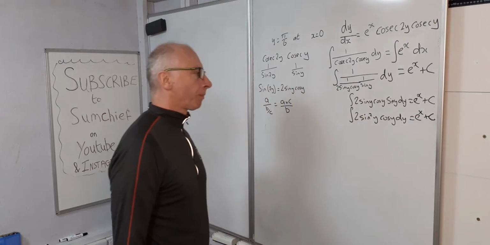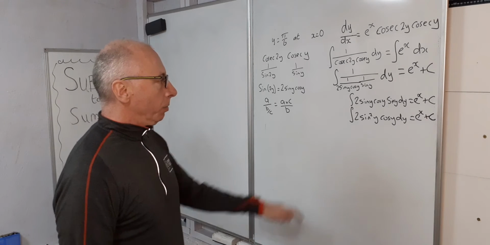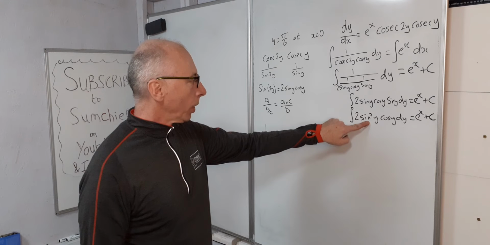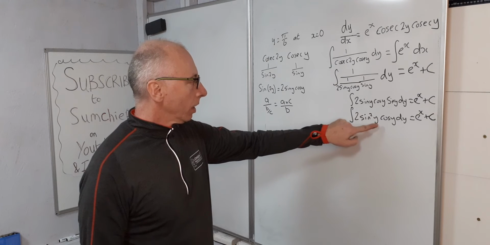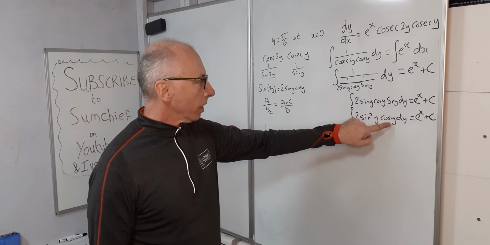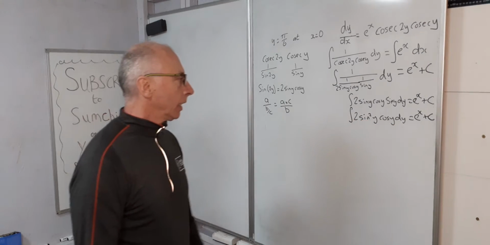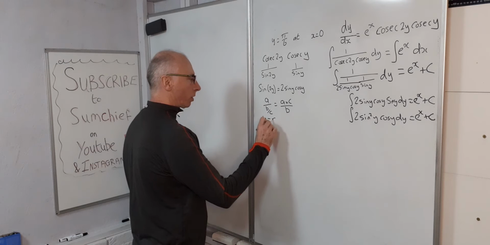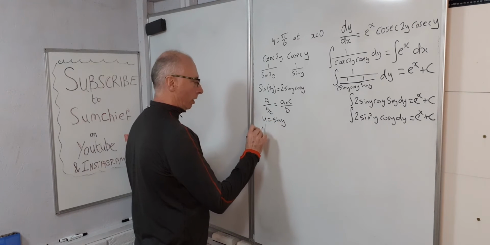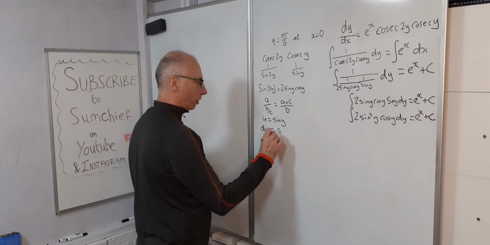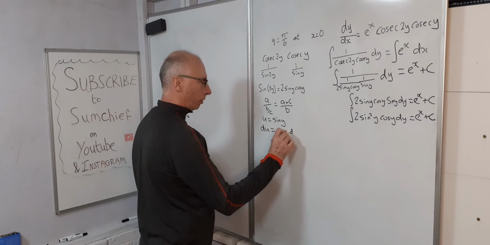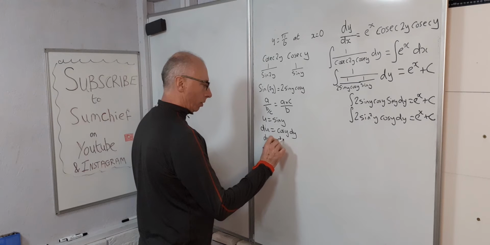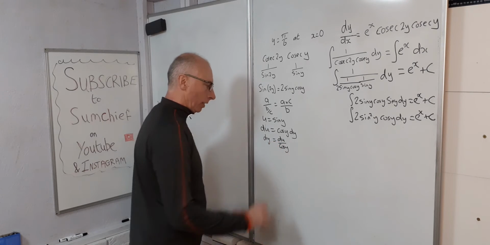Now I think we're ready to integrate this. If we put in a u substitution for sine, then we can get a cosine for the dy. So u equals sine y. The derivative of u equals cosine y dy, so now dy equals du over cosine y.